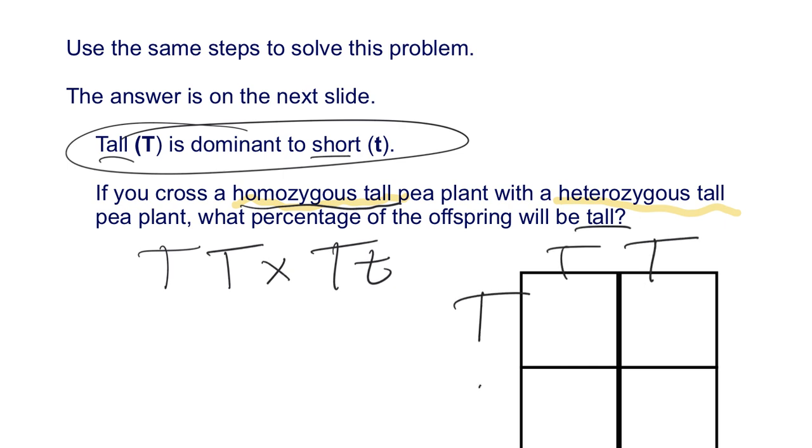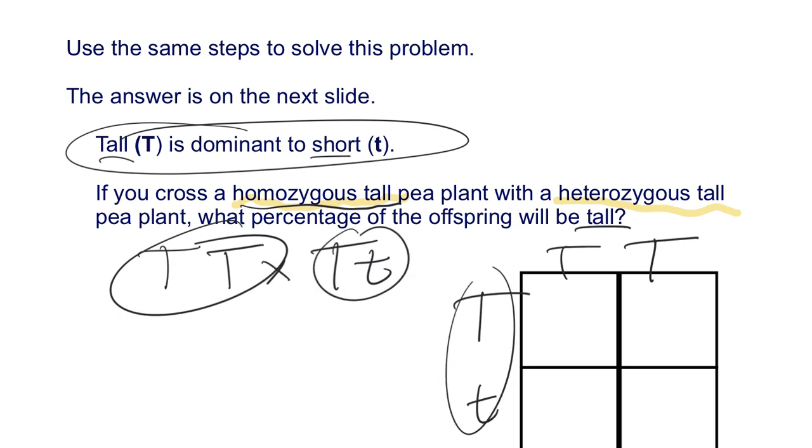So I'm just going to do one parent, split them up. That's showing how the alleles separate during meiosis in that parent sex cell, and the same for the other parent. So do the cross. These go together.